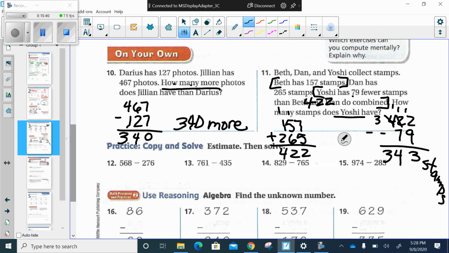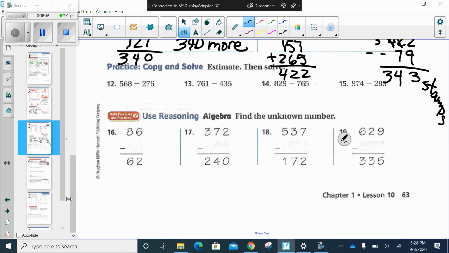Okay, good for Yoshi. All right, my dear friends, this is what we're going to do. We're going to find the unknown number. How in the world am I going to do this? 86 minus what is 62? Well, I know this is the biggest number.